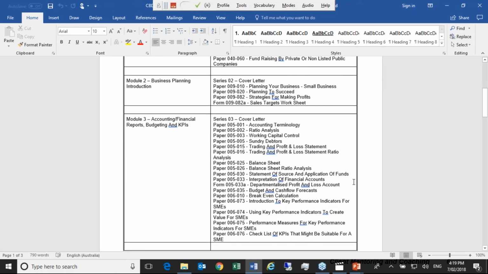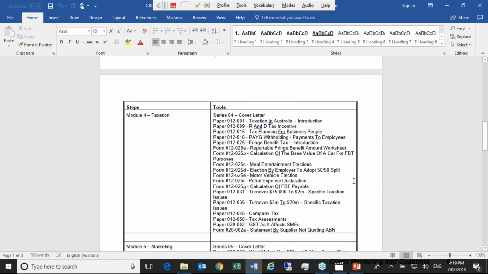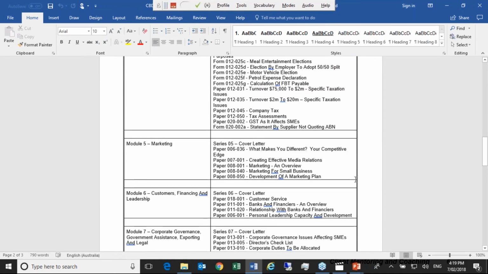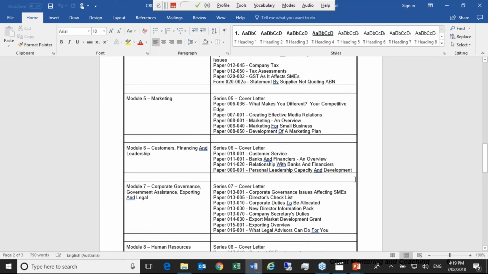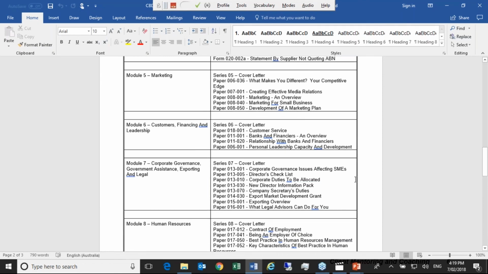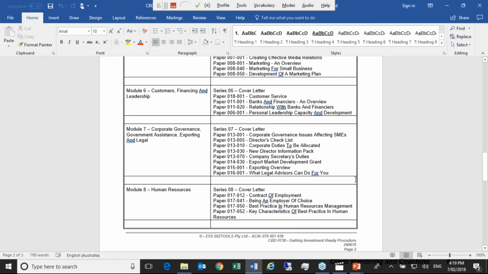They have good control over their debtors and creditors and banks, and they're monitoring performance. They have an understanding of taxation. They understand their differentiation and how marketing works in their business. They have systems for customers and the development of leadership skills within their business.